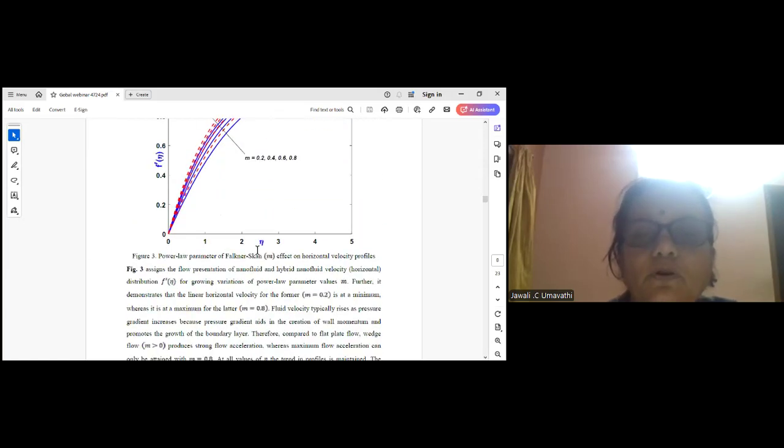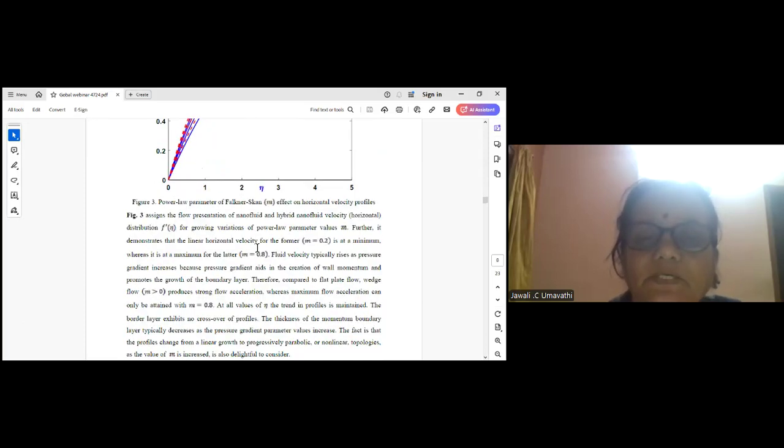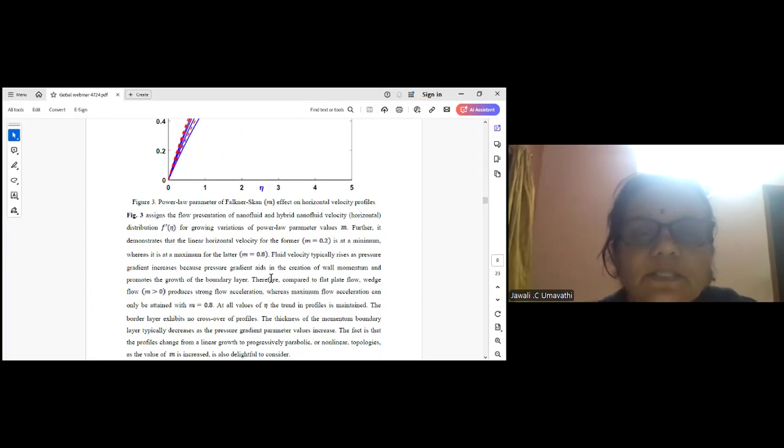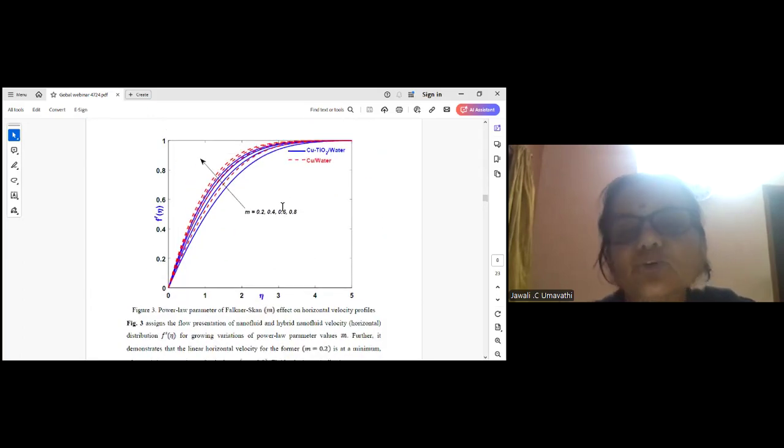Next, going for the Falkner-Skan flow. You should understand a little bit of the physics of this one. Suppose I take m equals 0.2, m equals 0.8. That means here I am considering only positive values, only m greater than 0.